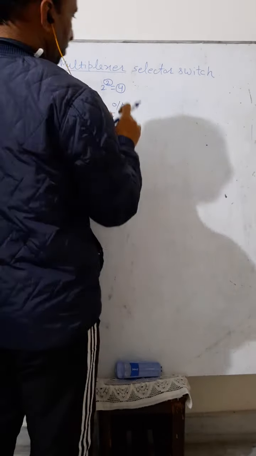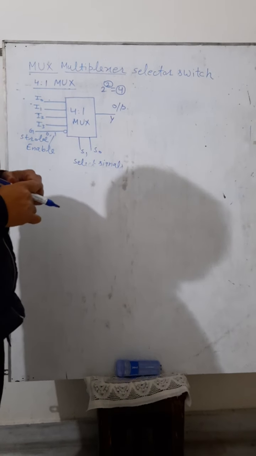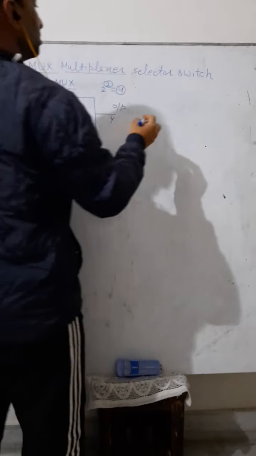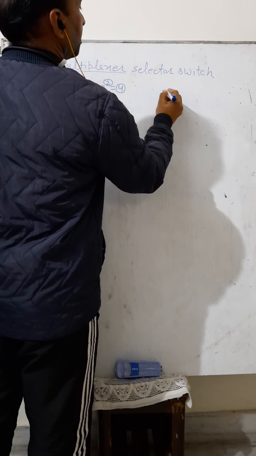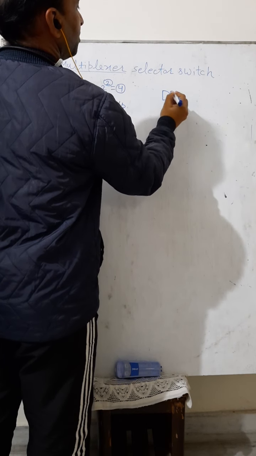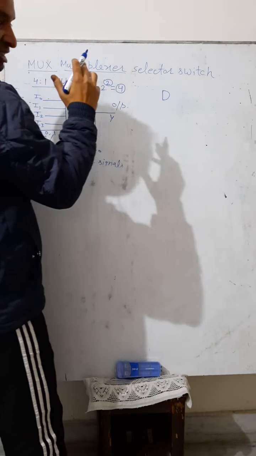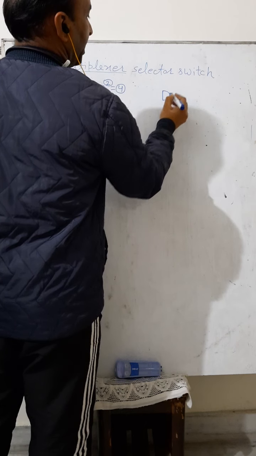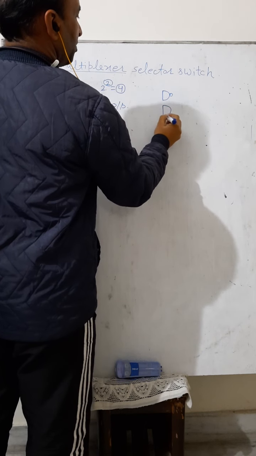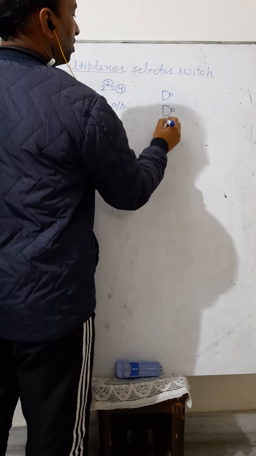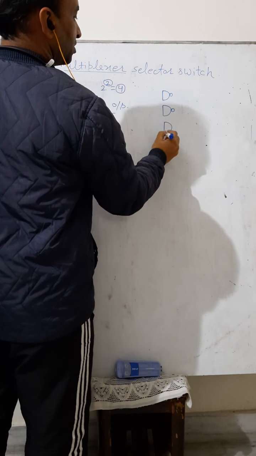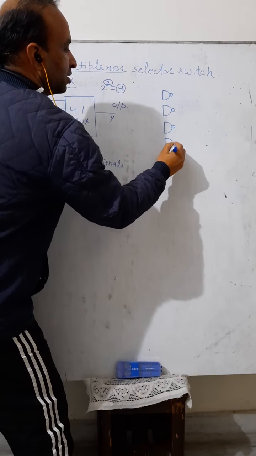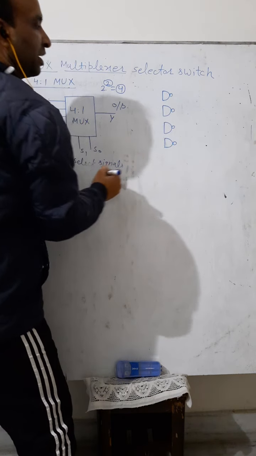Because in SOP form there are 4 product terms, we need 4 NAND gates. We are realizing the logic diagram of the mux in terms of NAND gates. It will be very simple to draw the logic diagram in terms of basic logic gates, so we are using only universal gates, NAND gates.